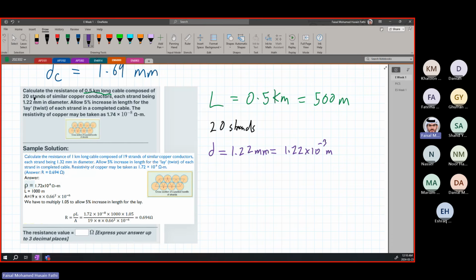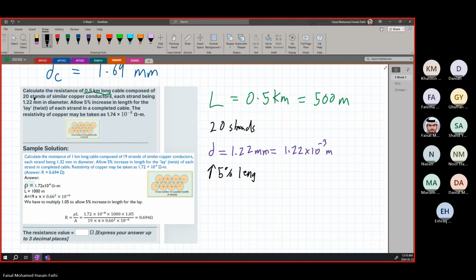In diameter, allow 5% increase in length for the twist or the lay of each strand in a completed cable. What does that mean? It means the length of each one, because it is twisting around, is going to be increased by 5%.